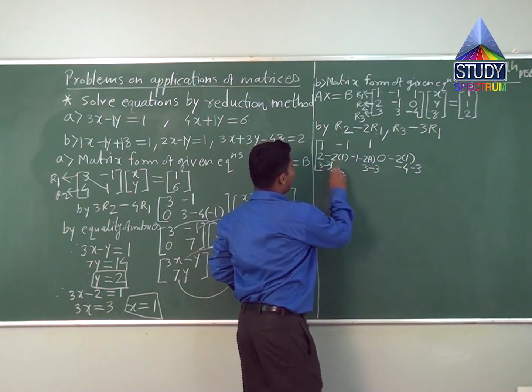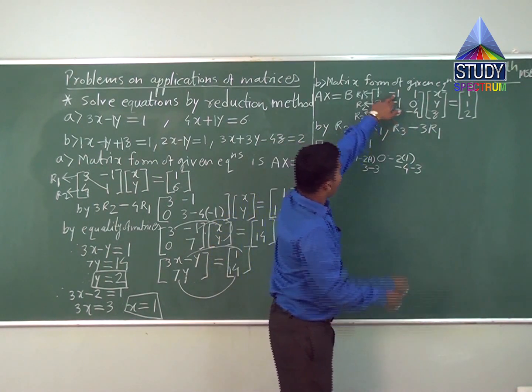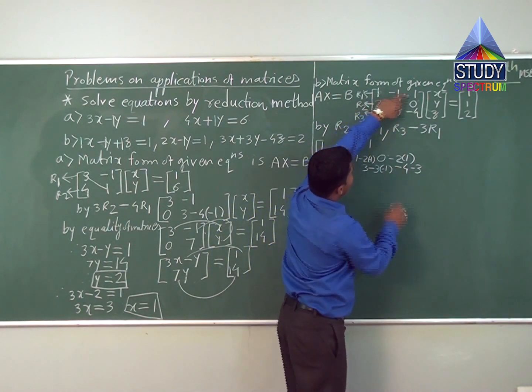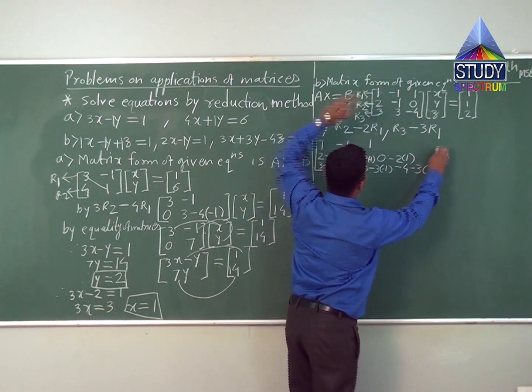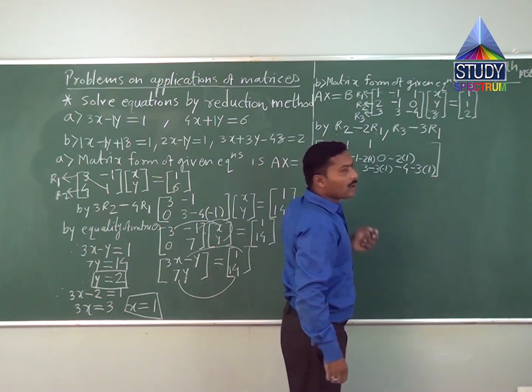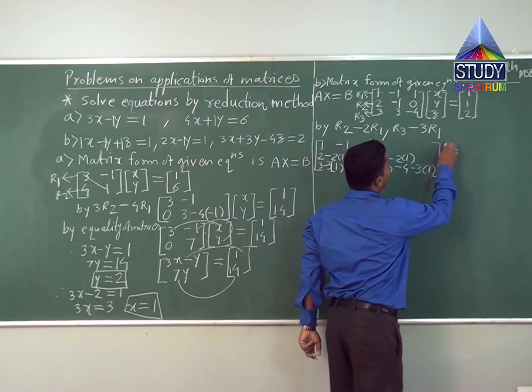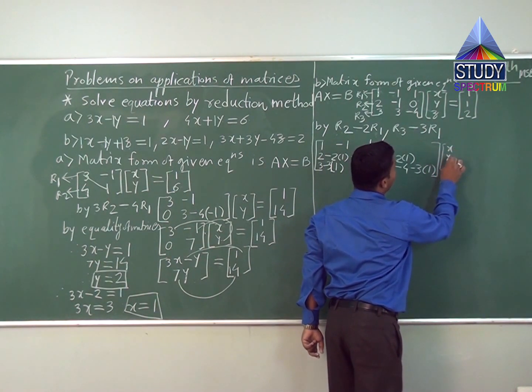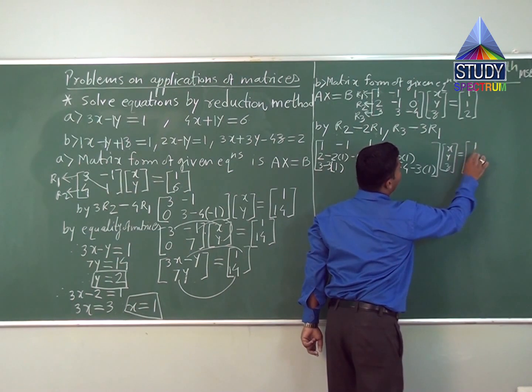R1 means 1, -1 and last 1. X, Y, Z as it is, equal to 1, 1, 2.